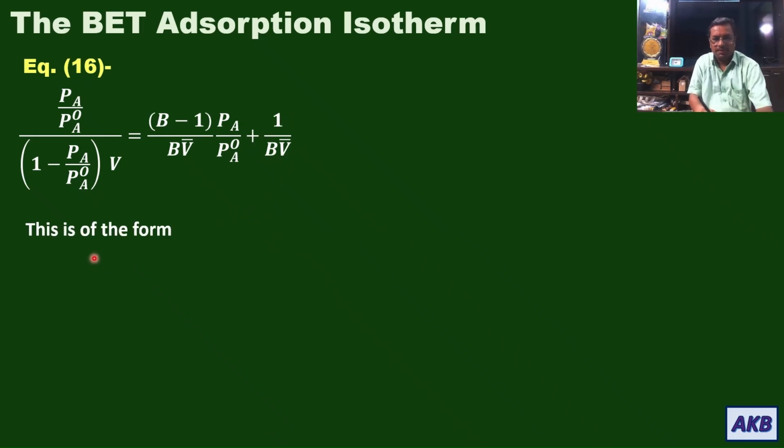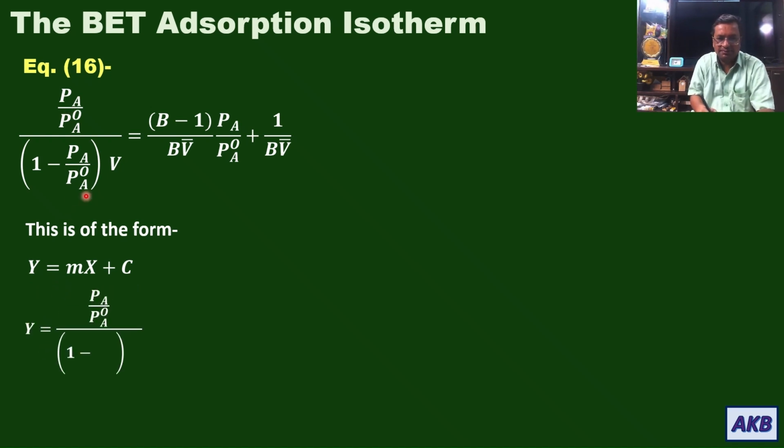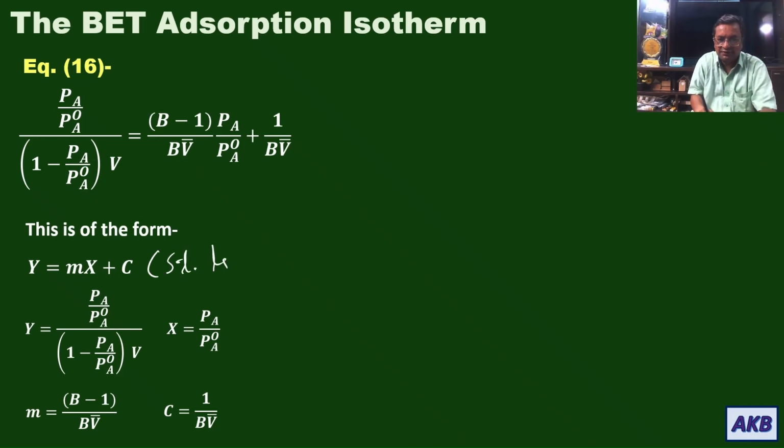Now this equation is of the form y equals mx plus c, where y is this term, PA by PA naught divided by 1 minus PA upon PA naught into V, x is PA upon PA naught, m is B minus 1 upon B into V bar, and c is 1 upon B into V bar. This is the equation of a straight line which has a slope of m and an intercept on the y-axis of c.